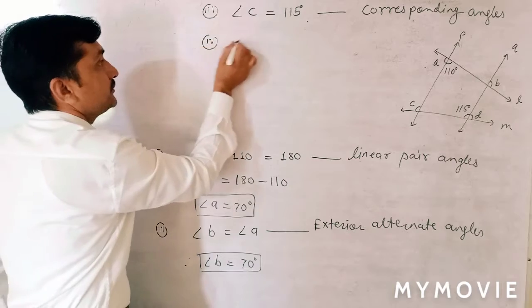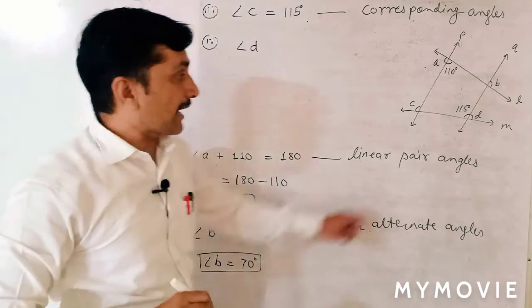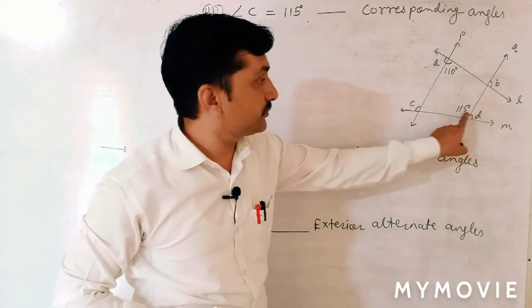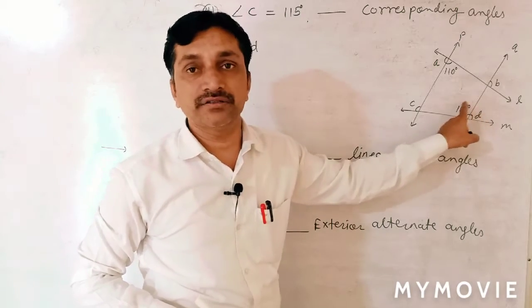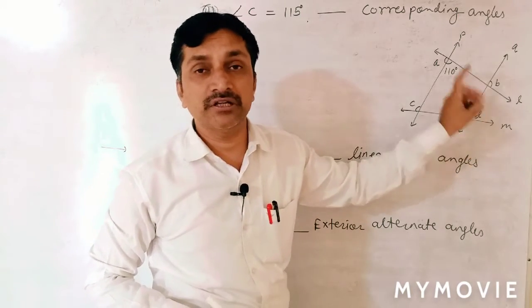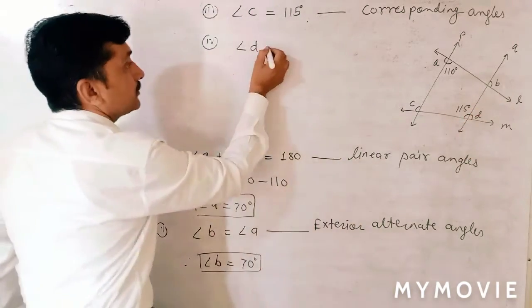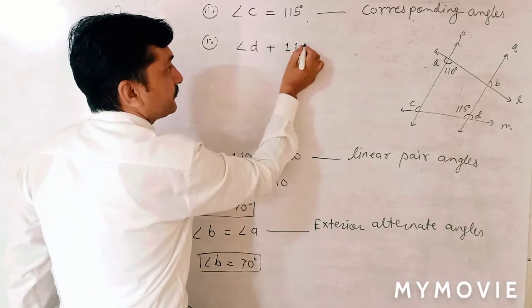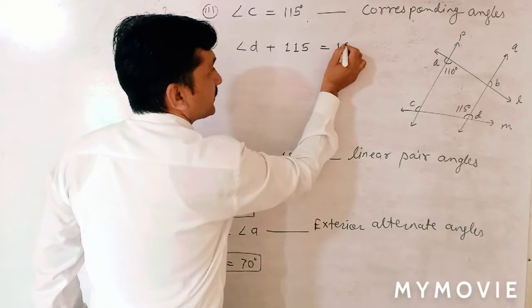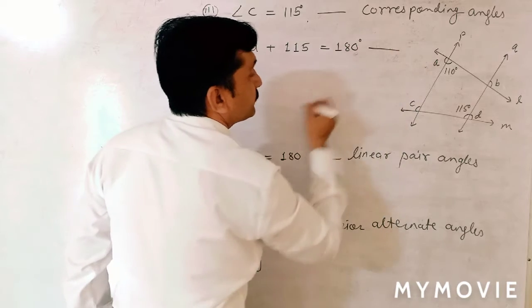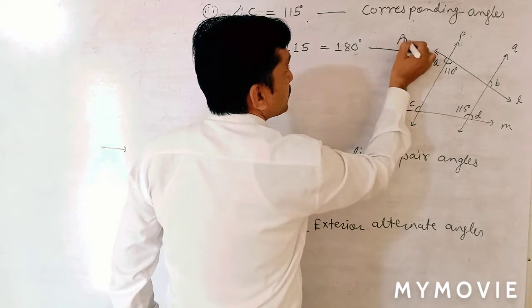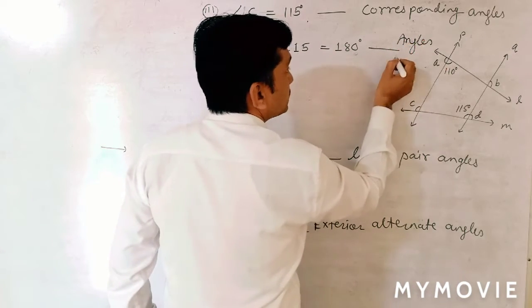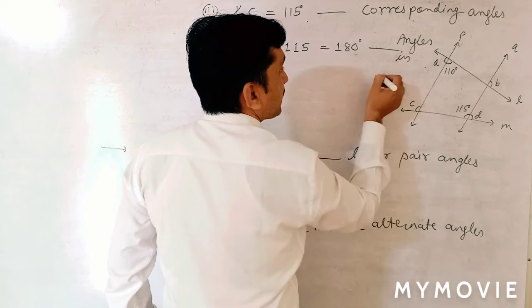And fourth, angle D. Now here angle D and 115, again these are angles in a linear pair. Their sum is 180, they are supplementary. Angle D plus 115 is equal to 180. And here the reason we have to write is angles in linear pair, or we can write linear pair angles.